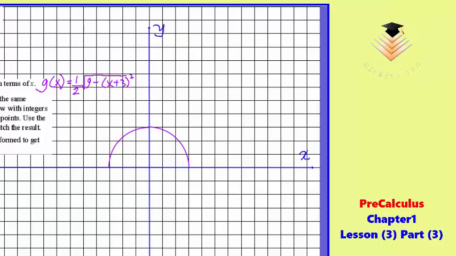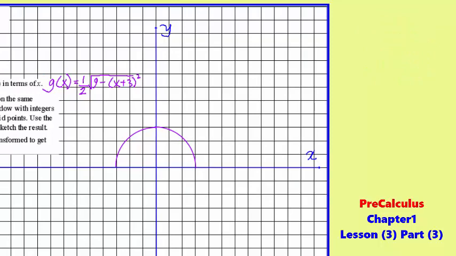And so we have a perfect semicircle now with a radius of 3. Now what this graph wants us to do is to create another graph, an image function, which is mirroring or reflecting the g of x is equal to 1/2 of the square root of 9 minus (x + 3) squared.